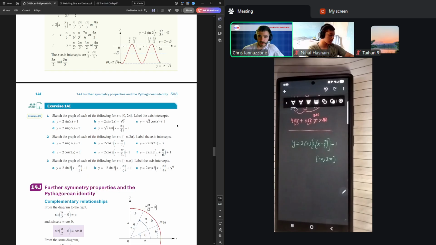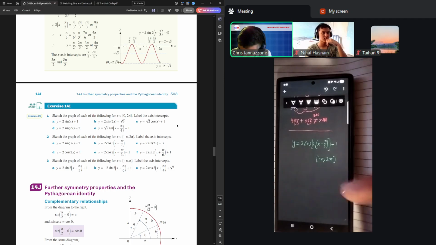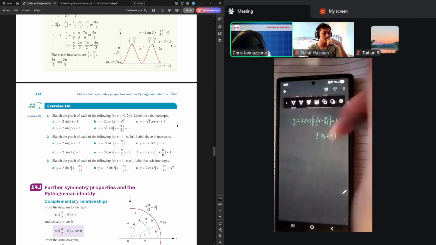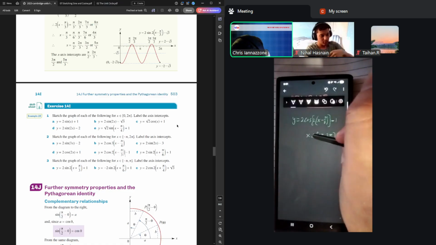That won't necessarily mean the domain will be nice and easy for it. You might still have to do the same sort of subbing in endpoints, but just to point out, this is going to go excessive for the amount of things we'll be sketching. But with that out of the way, let's give it a shot anyway.